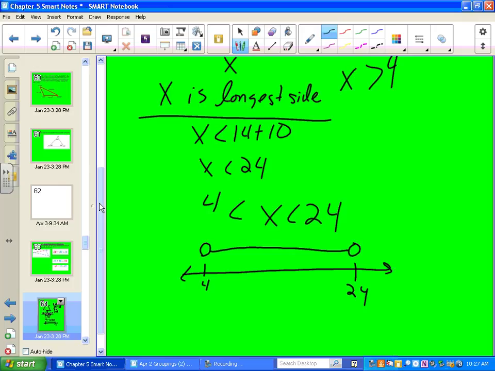Right now, I'd like you to turn in the back of your note packet to 5.5a, and look at problem number 19.